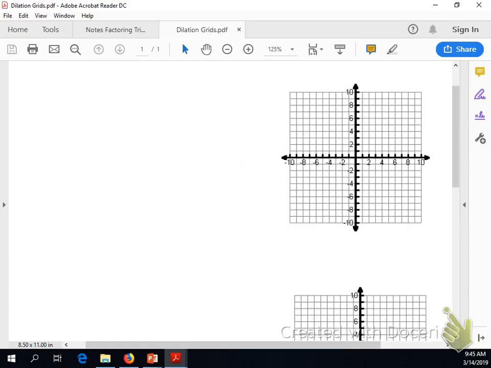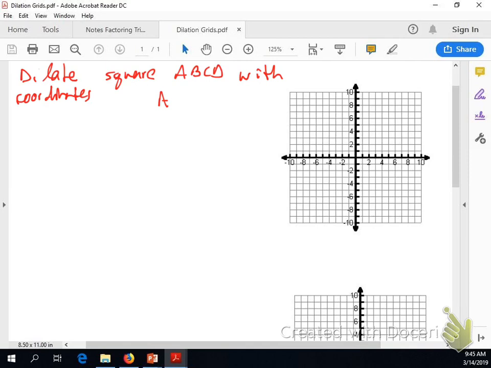Okay? So, the first one here, I want to dilate, and we'll call it a square because it will be a square, square ABCD with vertices with coordinates for our vertices.